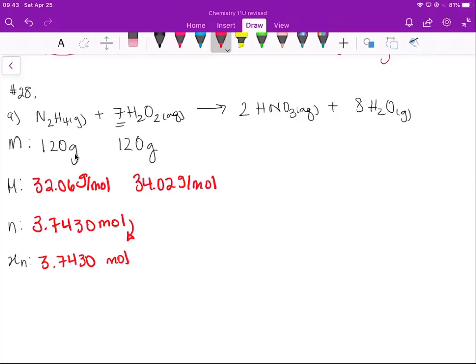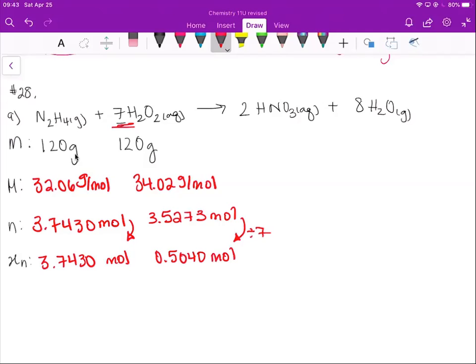Whereas when I do 120 grams divided by 34.02 grams, I have around the same number for hydrogen peroxide, 3.5273 moles. But when I divide it by 7, because of the coefficient, I get 0.5040 moles.